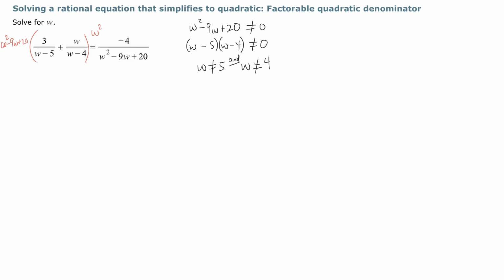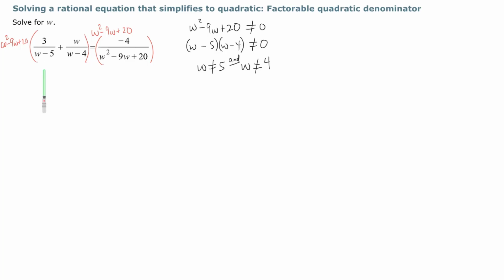And on this side, w squared minus 9w plus 20. And then simplify and reduce. So for this first factor here, when you distribute this quantity to this one, a w minus 5 factor will cancel out.